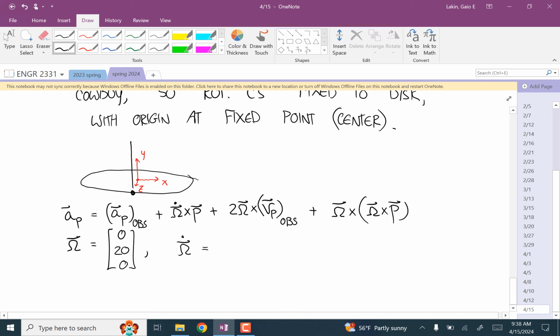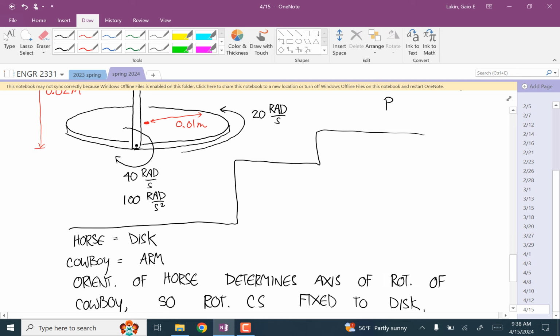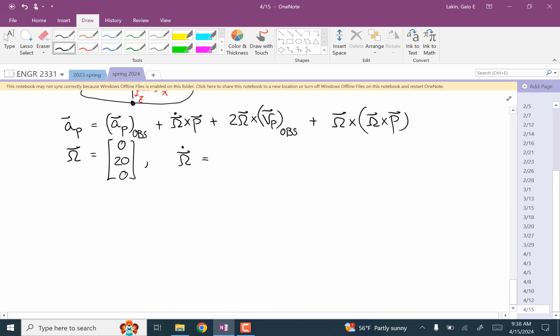And then the angular acceleration of the disk. There's no angular acceleration. So there's not a formula defined for omega dot. Omega and omega dot just have to be given.